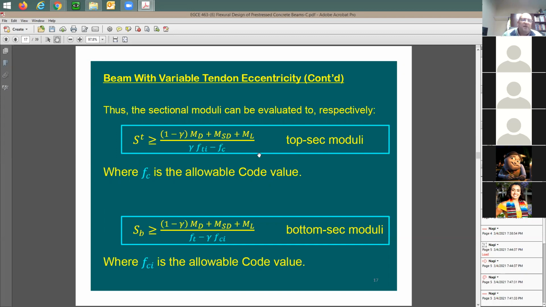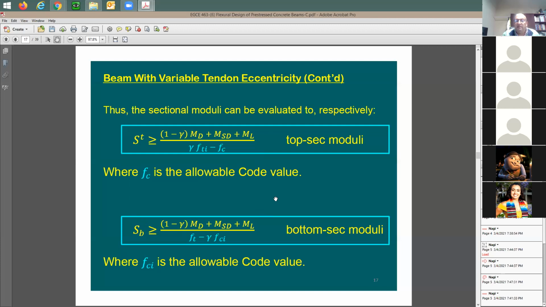Instead of throwing the amount of reinforcement that you'd like to put there as rebars and then figuring out phi Mn compared to your Mu, instead of doing this, you set phi Mn equal to Mu and then solve for As. And here we did a very similar thing. We set the stresses here to the maximum stress limit allowed by code. And then based on this, we solve for S top and S bottom.